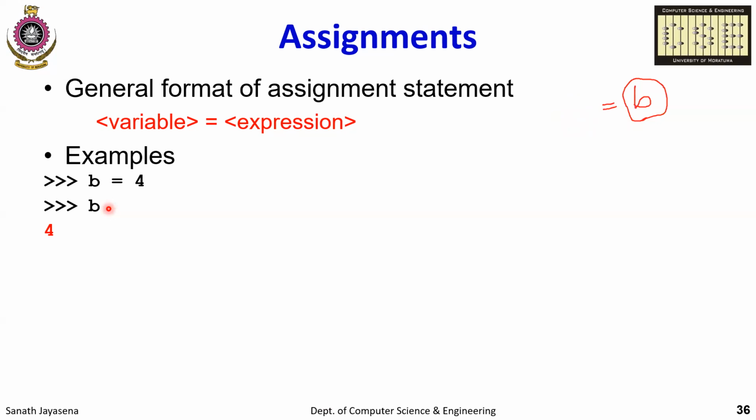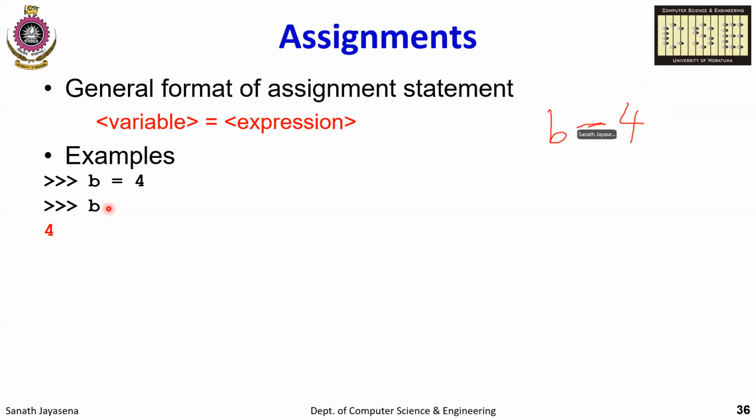But in the case of programming languages, which is applicable to Python or any other language, when you have something like A equals B, or let's say, take B equals 4, this means there is an assignment operation.